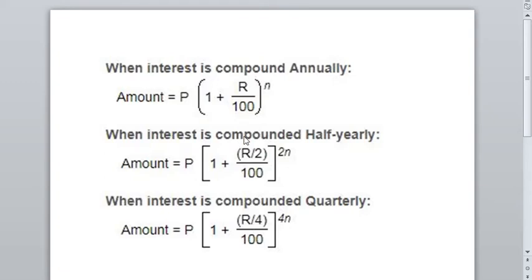Now if it's half yearly, then I will give the interest 2 times, right? Because 6 months and 6 months. When I give the interest for the first 6 months, that interest will be added to the principal, and then for the remaining 6 months, the new interest will be calculated on that principal plus the interest which I have given. That's why I will get a bigger amount, right?